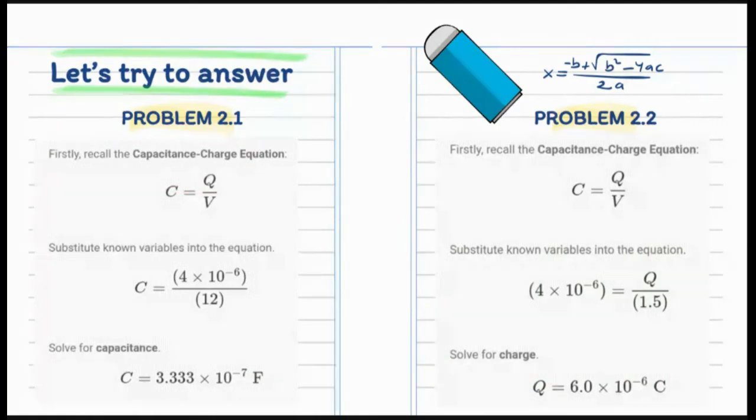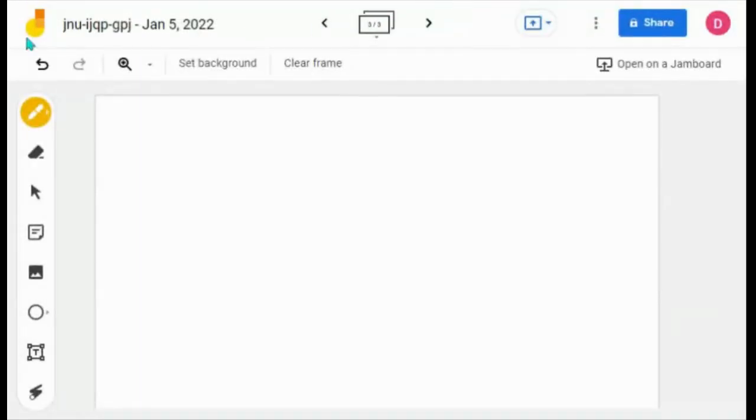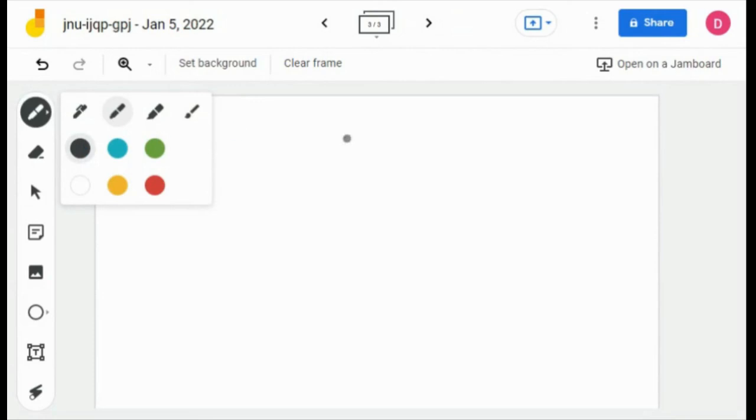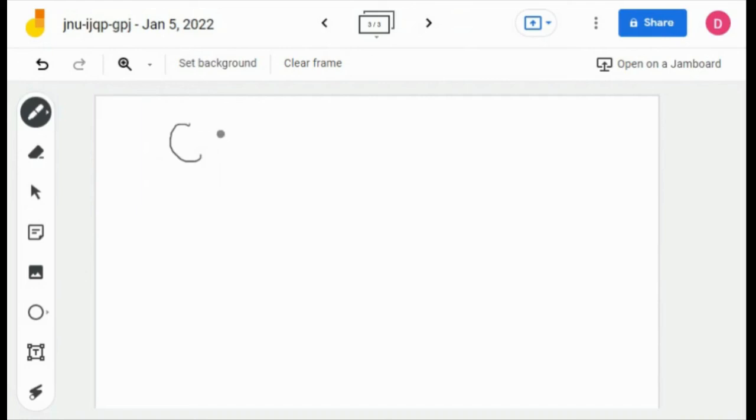Now, let me show you how it is being done manually. What I use here in my solution is the FeeWiz app. So, let us show using our board. If we have a charge, let's write the equation first.